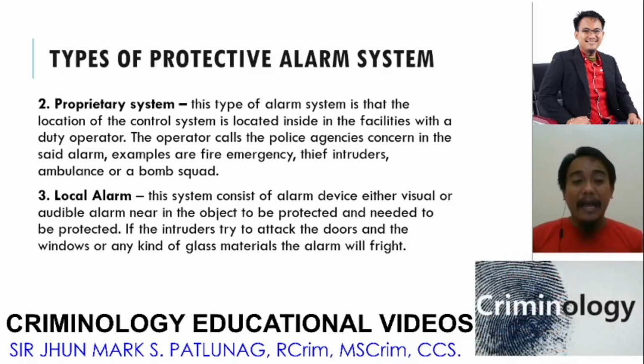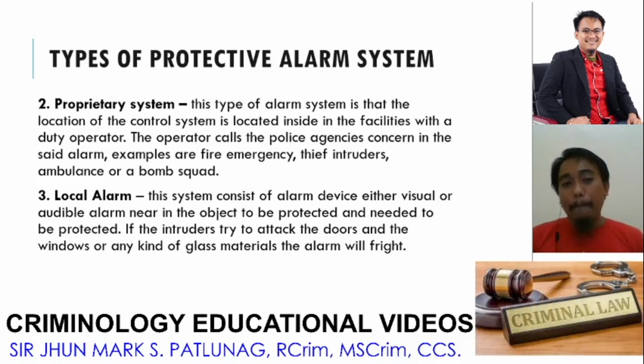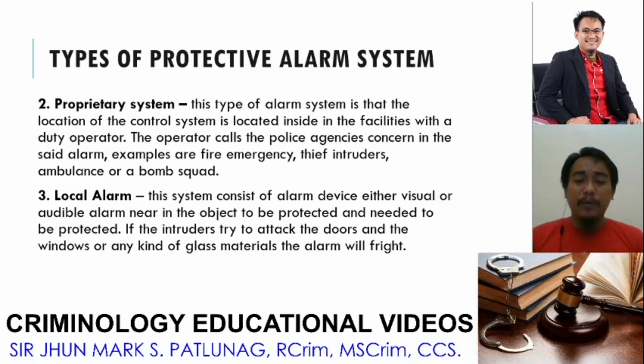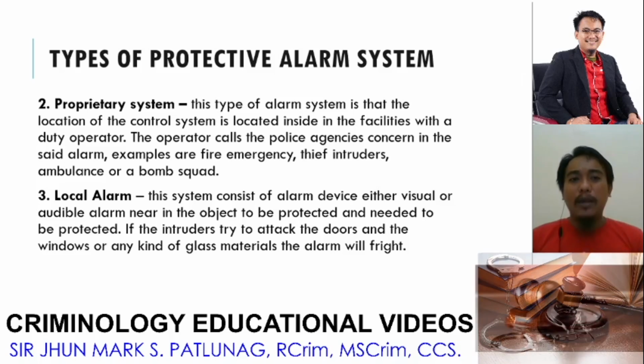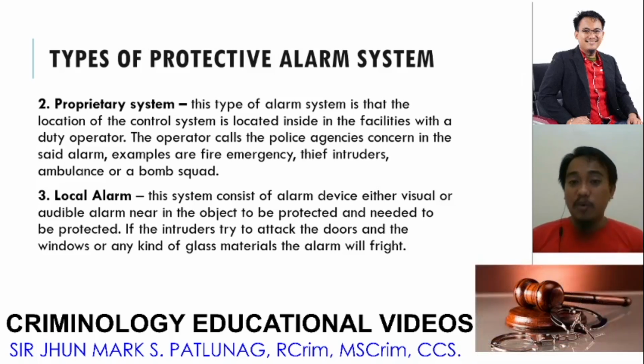Kasi yung kanina, yung central control system natin or station, yung location niya is nasa labas. While on the proprietary system, the control station is located inside the facilities. Right? The operator calls the police agencies concerned in the said alarm. Examples are fire emergencies, thief intruders, ambulance, or even a bomb squad.